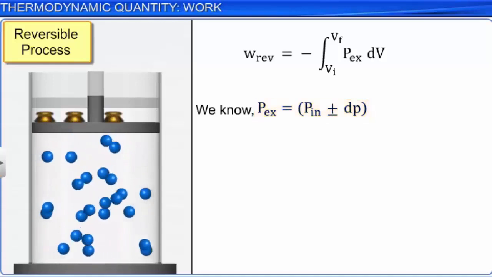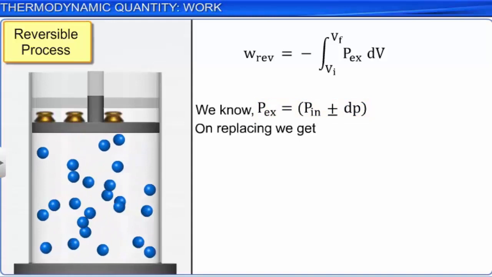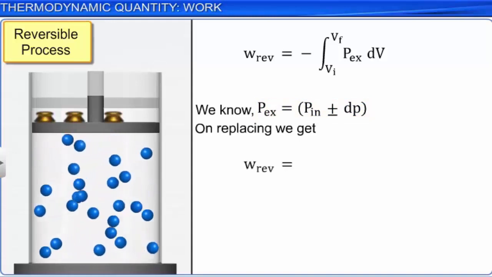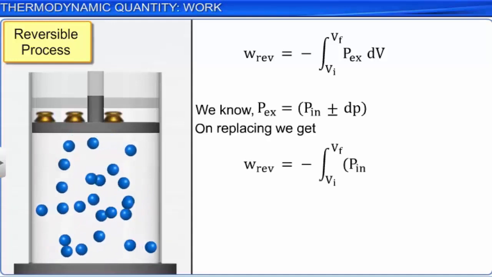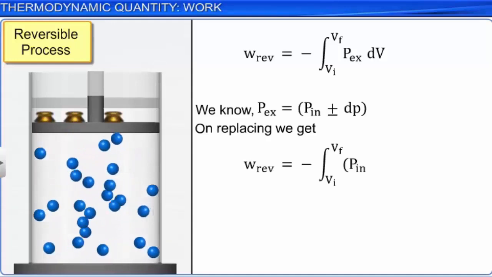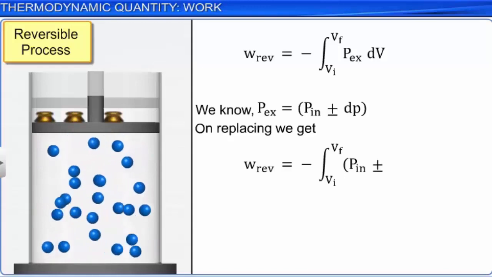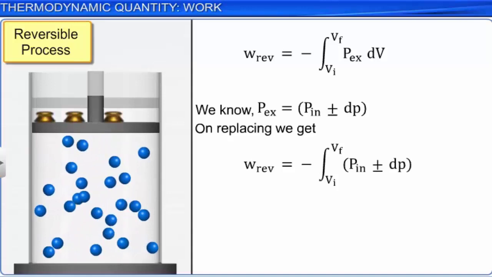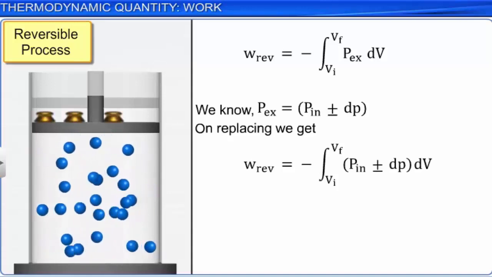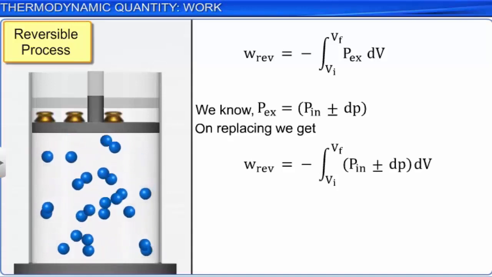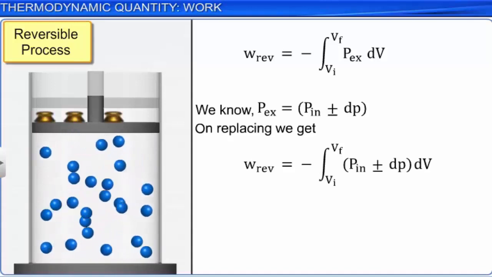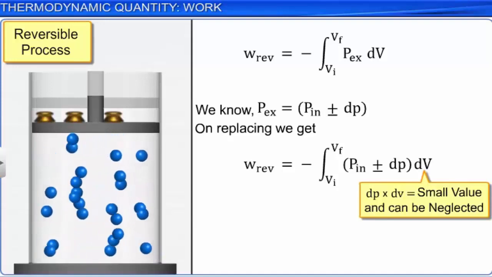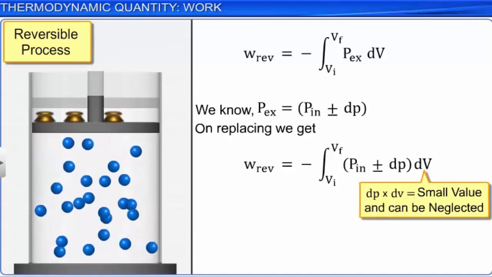Thus, on substituting the values, we get the equation reversible work equals minus integral of internal pressure P_in plus or minus infinitesimal change in pressure of the system dP multiplied by infinitesimal change in volume dV. As change in the pressure and volume are infinitesimally small, their product is still smaller.